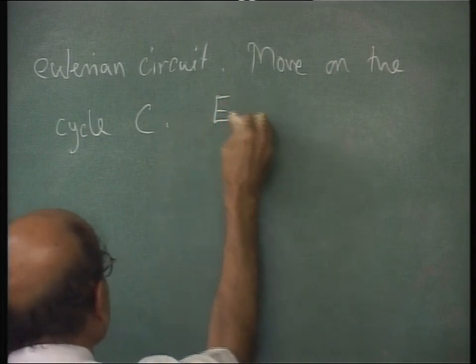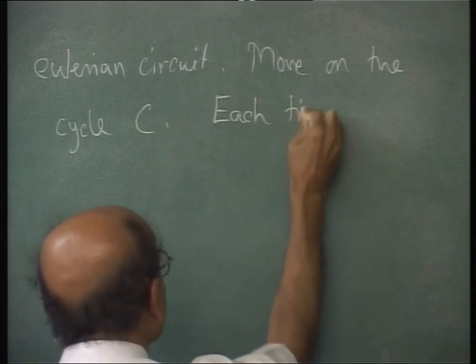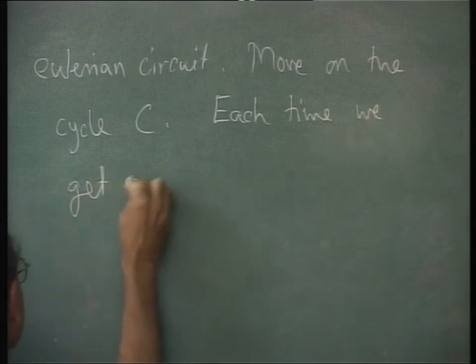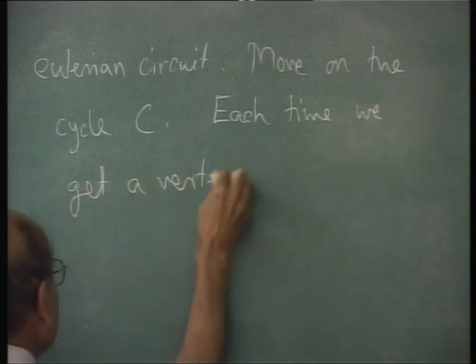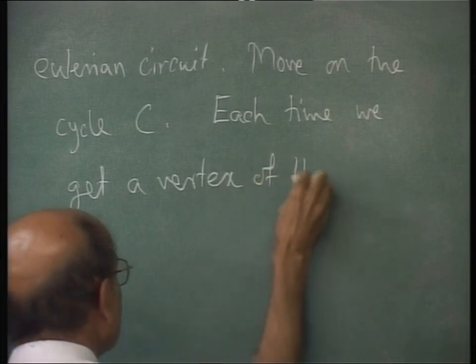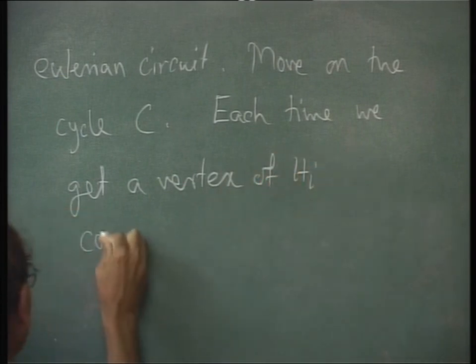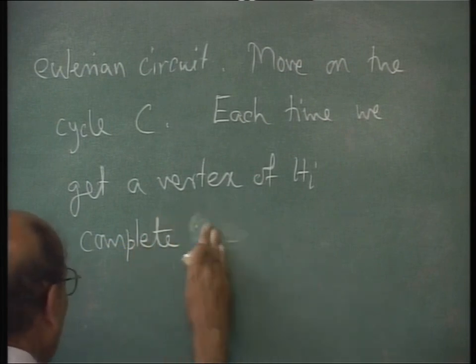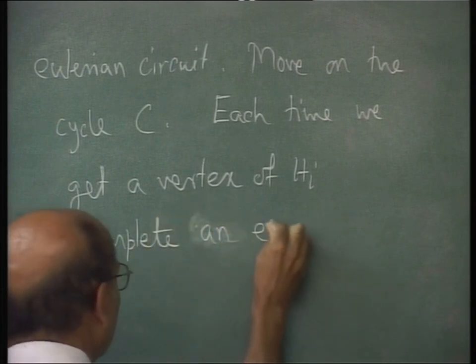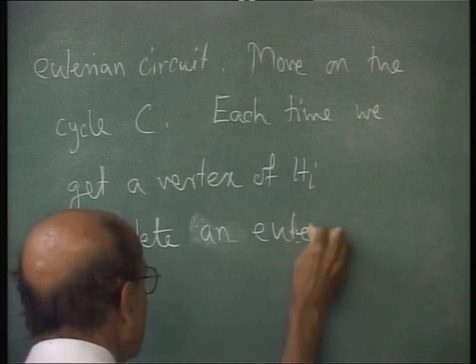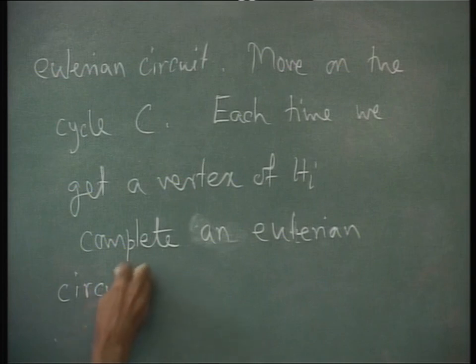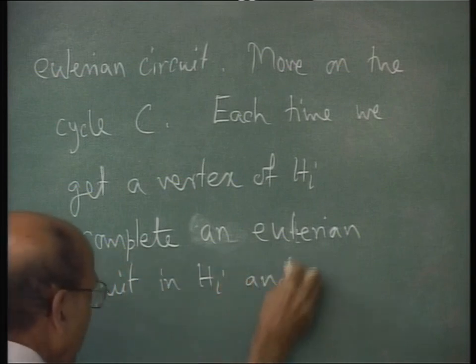Each time we get to a vertex, we complete an Eulerian circuit in Hi and get back to the same vertex.